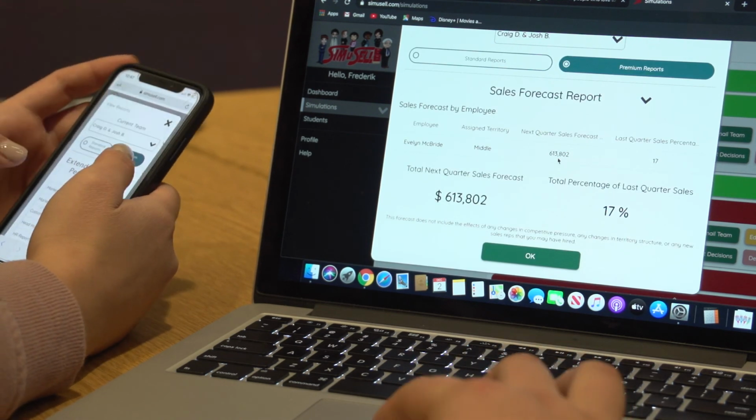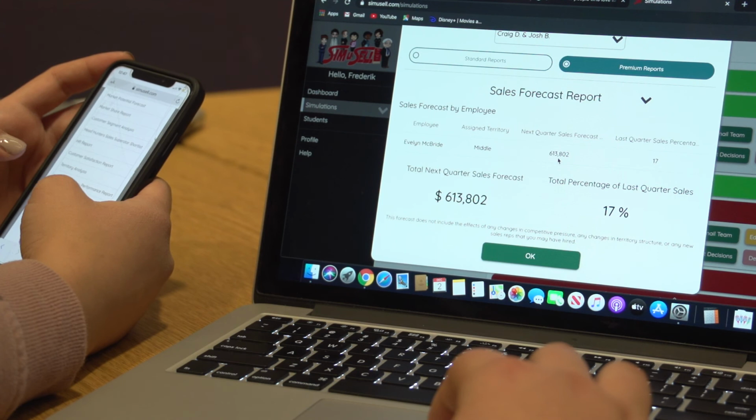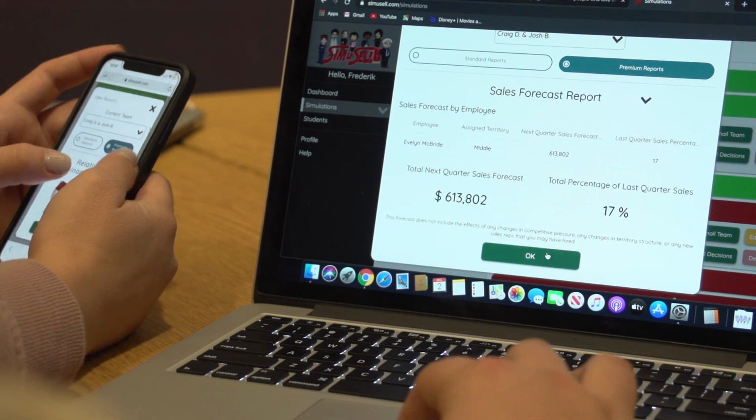Maybe students signed up for the wrong simulation or shared their access code or registered late, right? There will be issues of that sort. But in each situation that I've had, I've found that the folks at Simucell are super responsive.